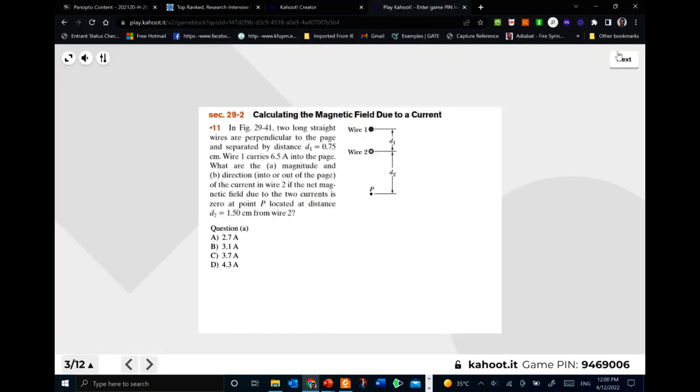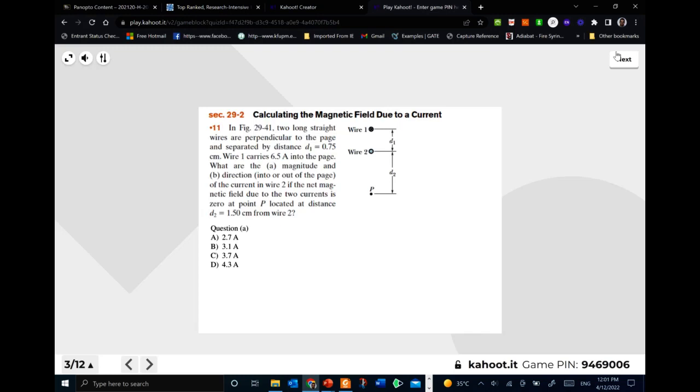Okay, so 2 minutes for this one. This is easier than the previous one. 2 minutes. So 2 long straight wires are perpendicular to the page, and they are separated by a distance d1.75 centimeter.